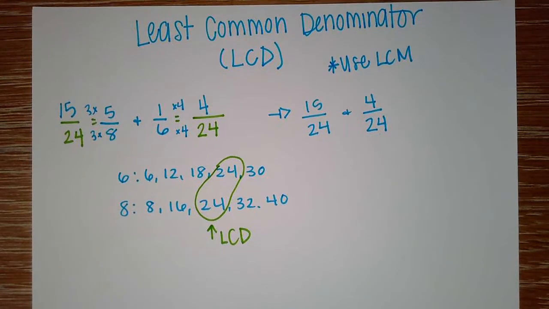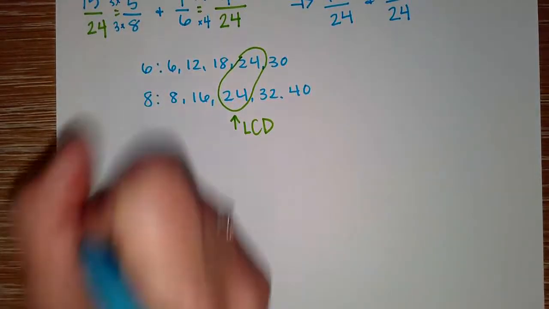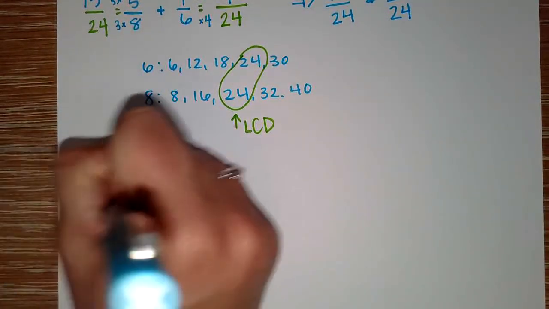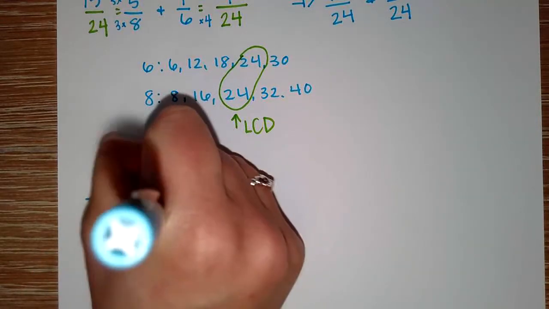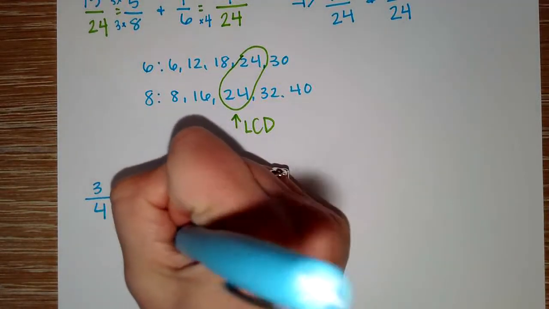Let's try another one here. If I have the fractions 3/4 and 2/5, and I want to get them to have a common denominator, I need to find the LCD, the lowest common denominator here.